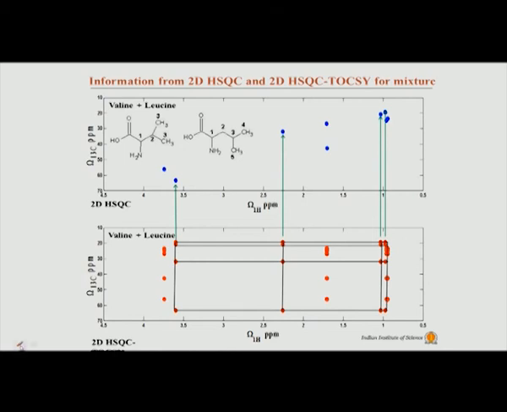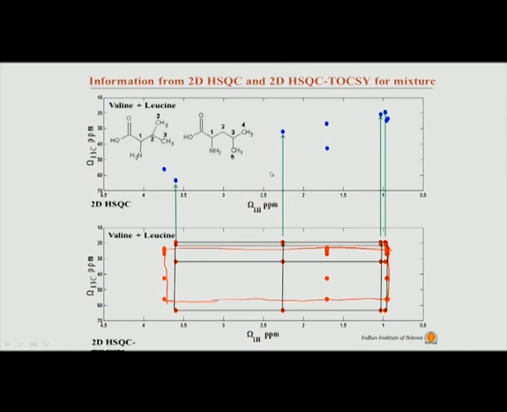Let us draw that also, and this is this connection. This connection corresponds to another spin system, and it is completely different from the previous connection shown by the black line. So, what we have done is identify a complete spin system whose peaks are coupled to each other, and this spin system will correspond to this molecule, and the remaining ones to the other.